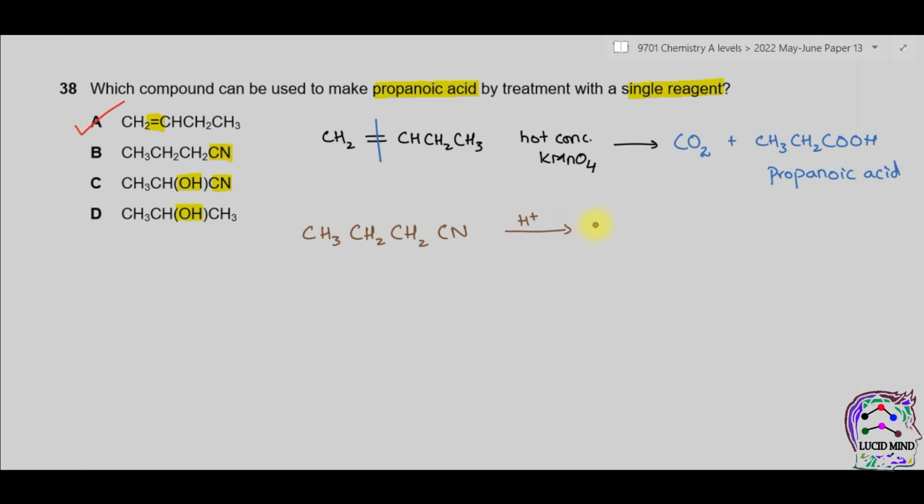But we have 4 carbon atoms here, so in acid reflux a 4 carbon carboxylic acid is formed, along with the salt of nitrogen, which is an ammonium salt. So this is butanoic acid, it is not propanoic acid.